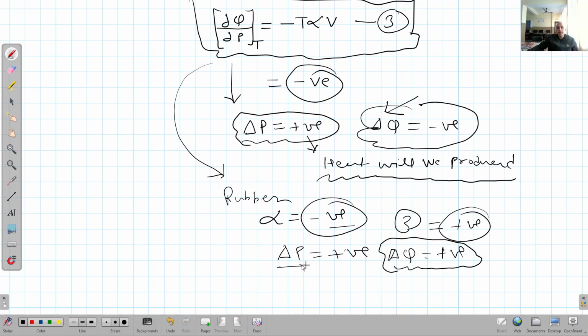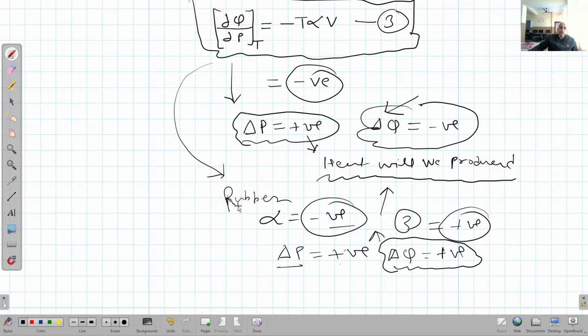If delta P is positive, then delta Q is also positive. It means cooling will be produced when we apply pressure on the rubber. So this is the reverse of the material which expands on heating. We know rubber contracts on heating. So the things will get reversed in this relation, equation number 3.